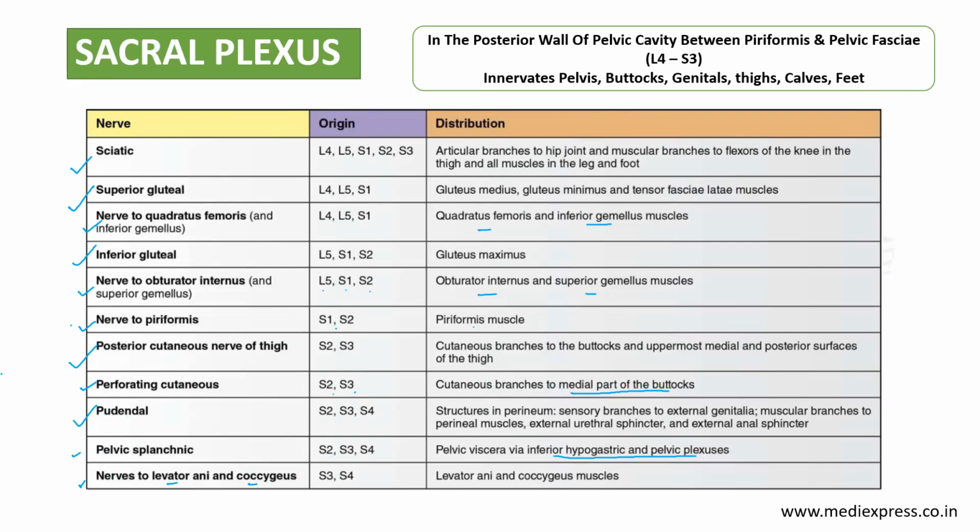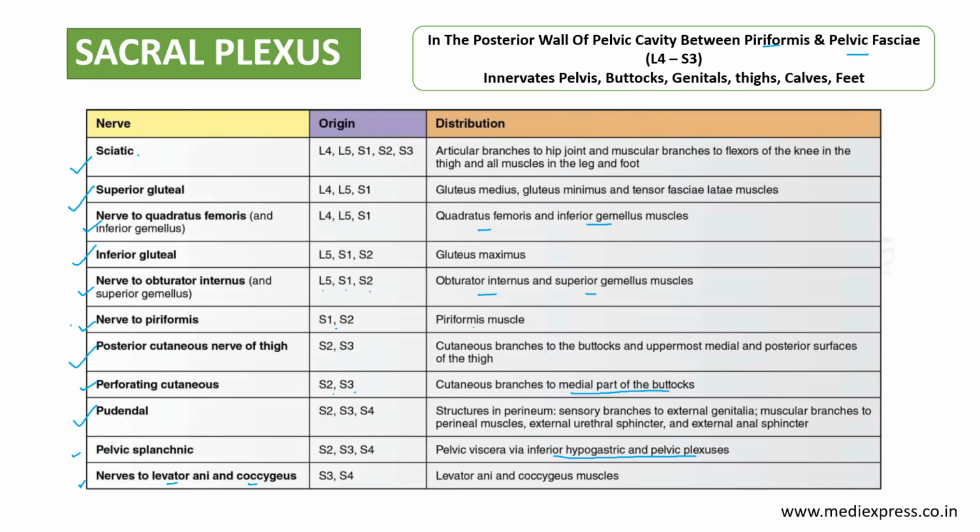This was about sacral plexus. We go over once again. It is located in the posterior wall of pelvic cavity between the piriformis muscle and the pelvic fascia. The root value is L4 to S3. It innervates the muscles and the skin over these regions.